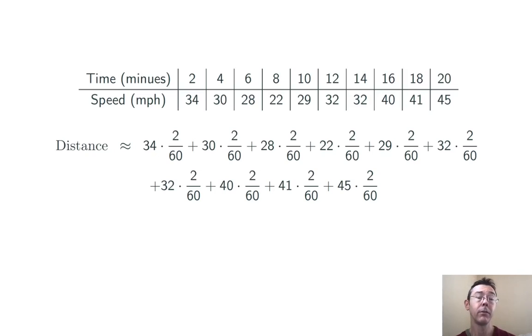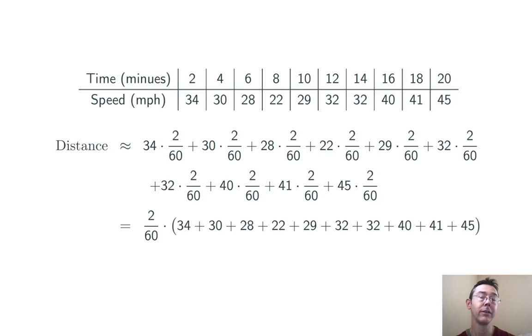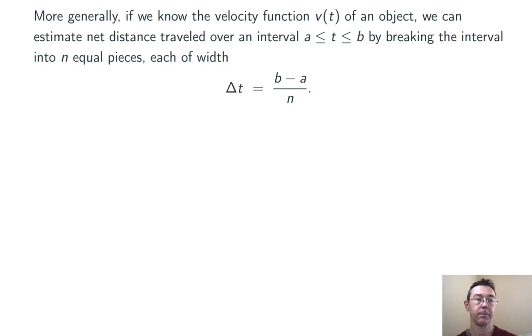Here, the time elapsed is always the same, 2/60ths of an hour. So I'm going to factor out that common time interval to write things in a slightly simpler fashion. 2/60ths, the time elapsed, times the sum of all the speeds at the right-hand endpoints of all these different intervals. Simplifying this value, we get 11.1 miles approximately.